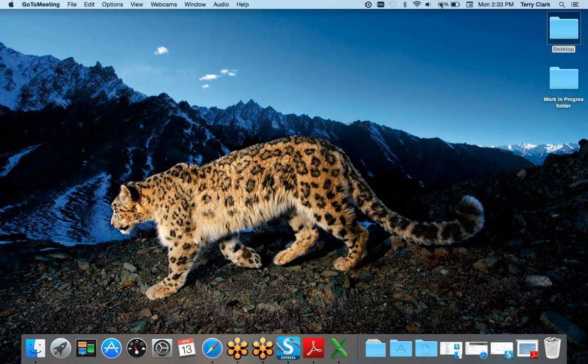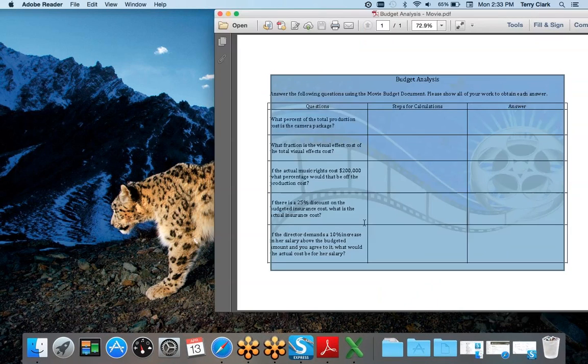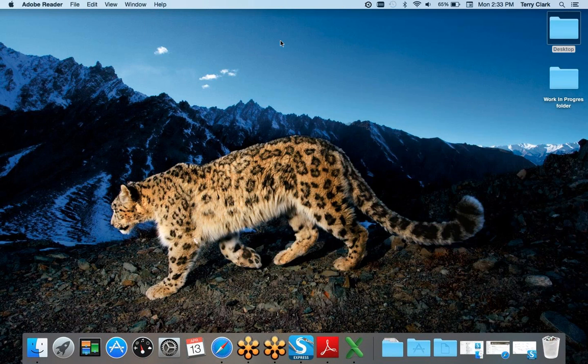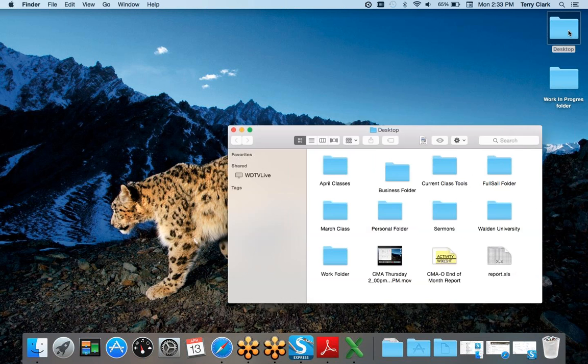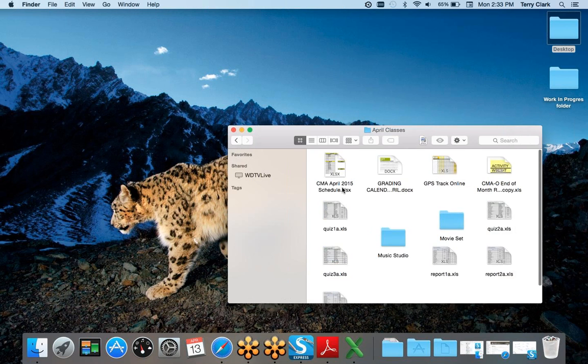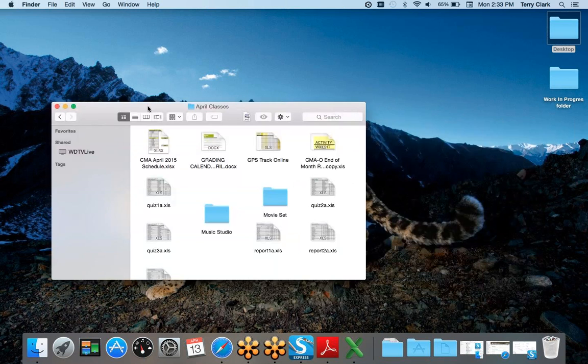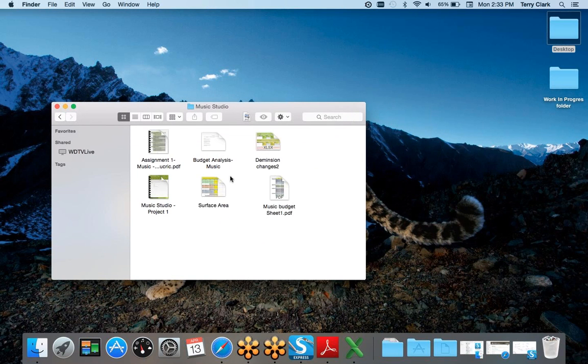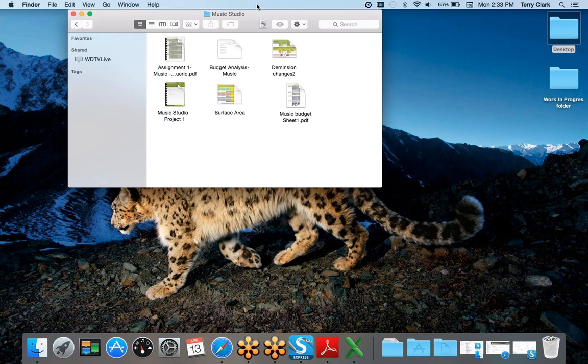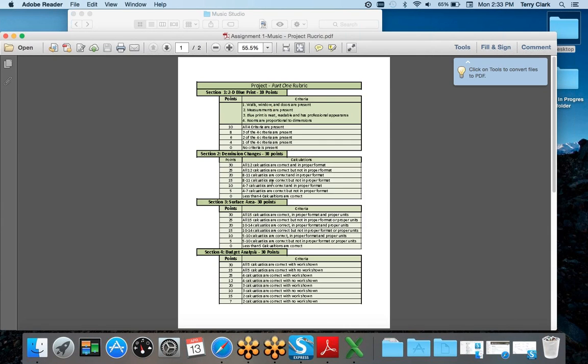The music studio is going to be similar to it. Go to music studio. Okay, so when we pull up the music studio and we look at it, the first thing we want to do is look at the rubrics.